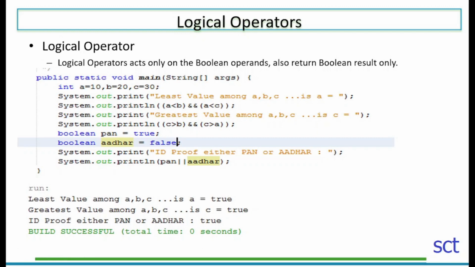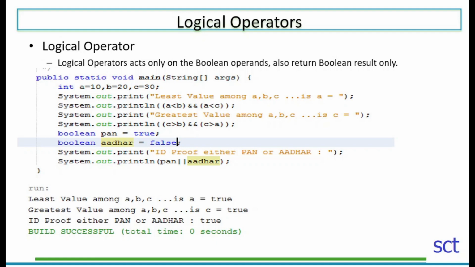In this logical operator example, I am going to execute these two and display the result. Let us see whether this result comes here. In this program, I have integer a is equal to 10, b is equal to 20, and c is equal to 30.